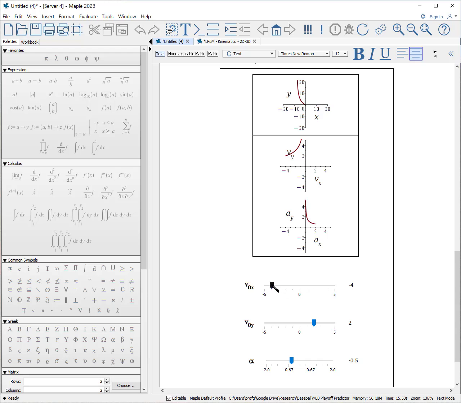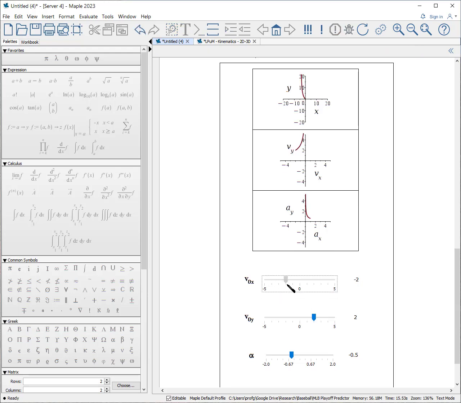Again, depending upon what our initial velocities are, we will affect how the motion of the object is, will affect how its velocity changes with time, and again with the acceleration as well. So initial conditions and whatever the acceleration values are have an impact on position, velocity, and acceleration.